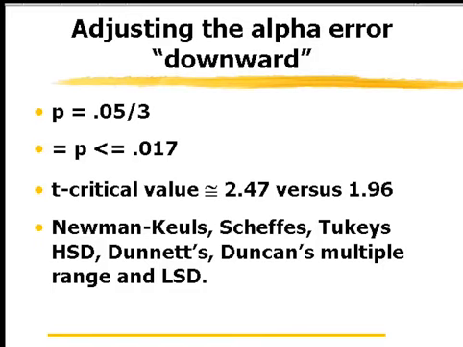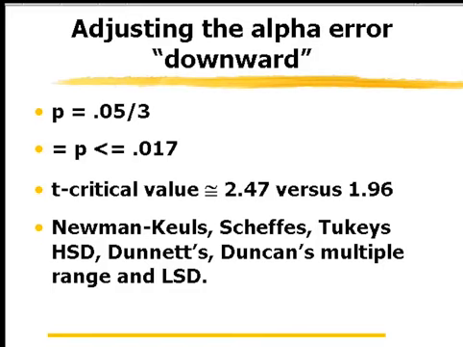So the critical value of t is somewhat higher, and since it is higher, it is more difficult to reject the null hypothesis than it would have been if we had capitalized on the experiment-wise error.